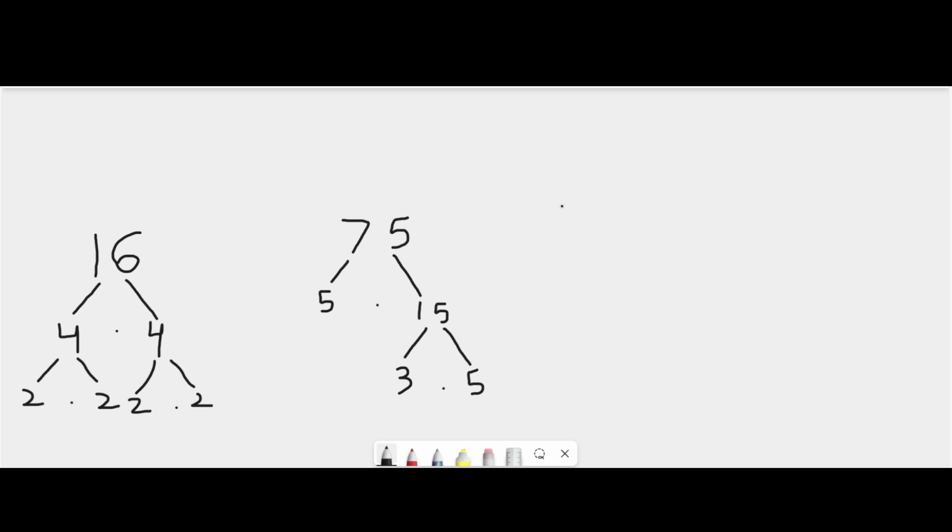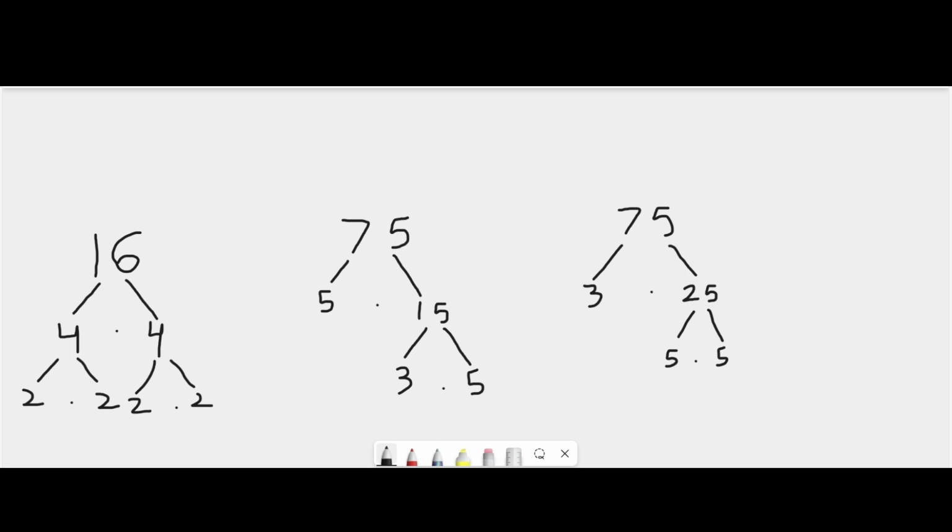Some of you might have seen this instead, but we'll do it really quick. You can pull out a 3 and a 25. 25 times 3 is 75. So we already have our 3. 5 times 5 is 25.